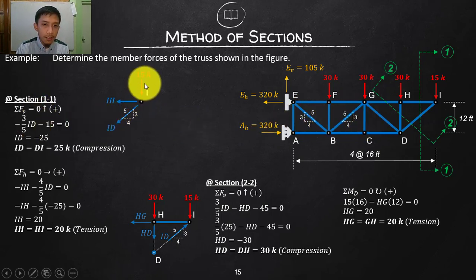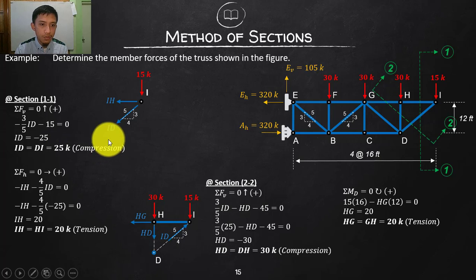So going down, this is a negative 15, and going down, the component of this is going down, so 3/5 of ID, negative also. So by means of simple algebra, this will now become ID is equal to negative 25. So negative 25, that means we are going to reverse that one. ID instead of tension will be actually a compression force. So DI is equal to ID, which is 25, keeps compression.